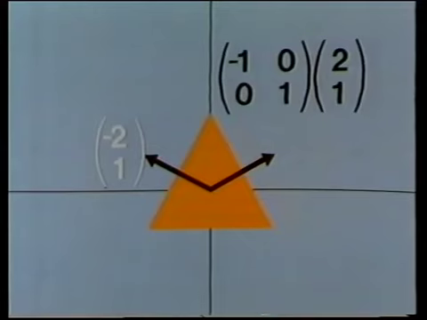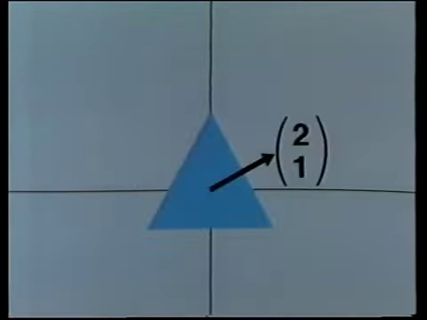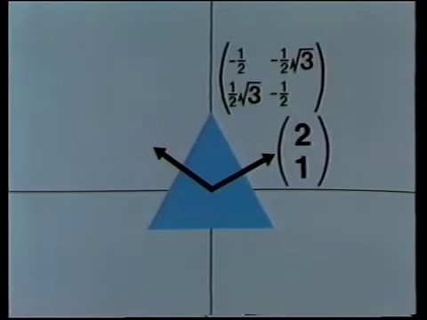Now with that flip, we can see what the image vector is going to be. But what happens if instead we take a rotation by 2 pi by 3? This time, it's more difficult to guess the image vector, but we can easily use the matrix to work it out.